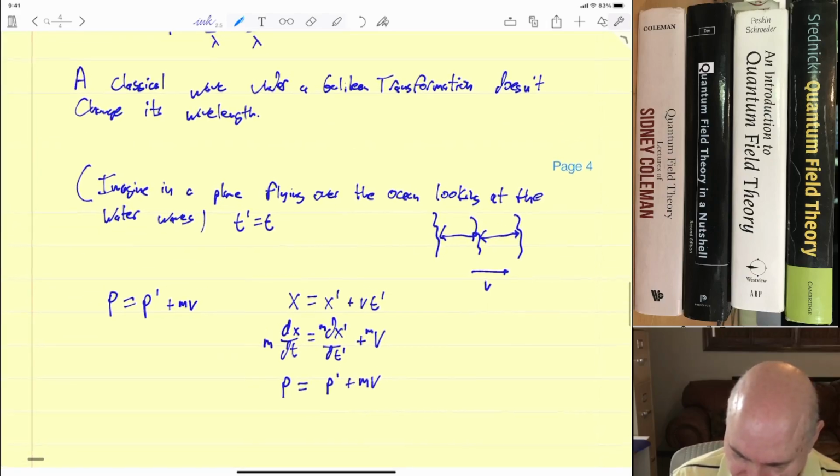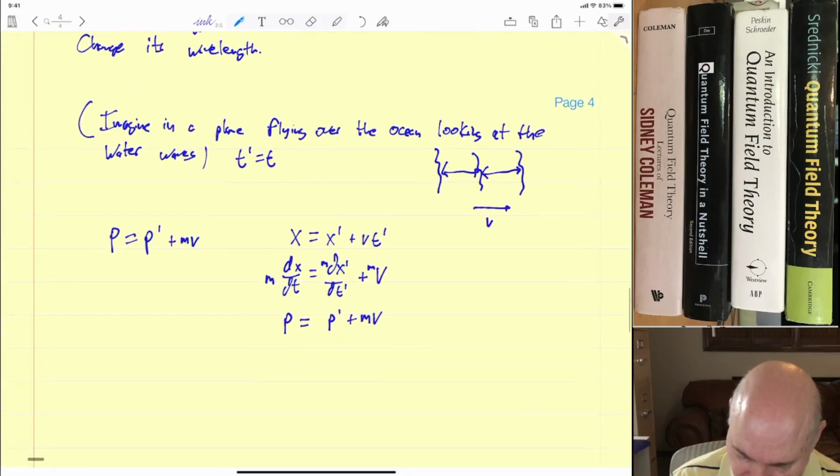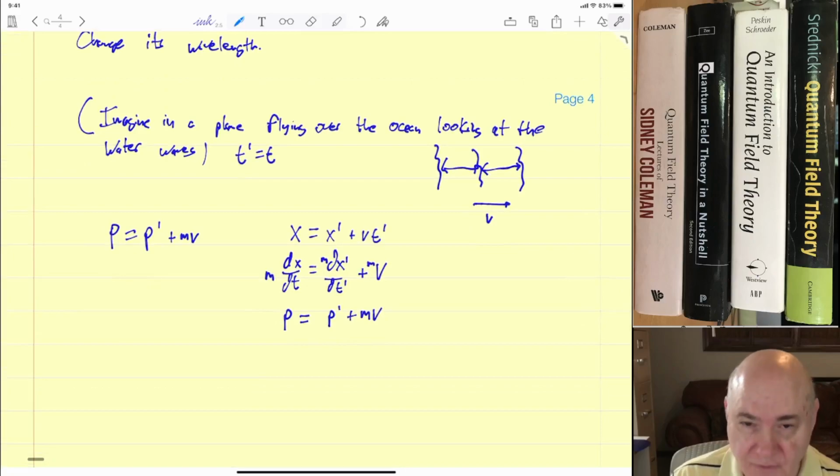So on the one hand, the paradox is that on a classical wave, the wavelength doesn't change, so the de Broglie wave momentum shouldn't change. But on the other hand, we also know just from ordinary transformations and mechanics that the momentum of a particle will change. It seems there's a contradiction between treating a system as both a wave and a particle.